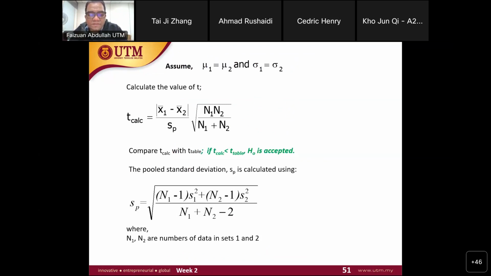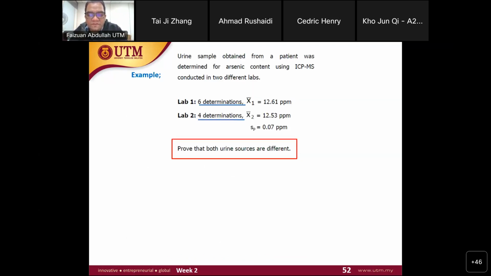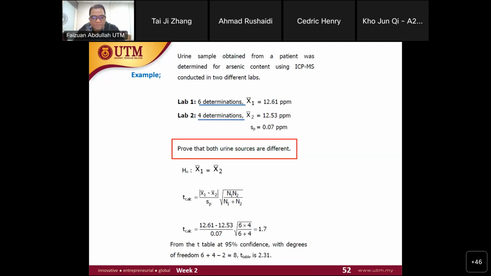So what is SP, guys? Again, the pooled standard deviation. Now we assume the hypothesis is set 1 is equal to set 2, meaning no random error. But we have to prove it, using T calculated, which must be lower than T table. The formula for T calculated is x1 minus x2 divided by the pooled standard deviation, times the square root of n1 times n2 divided by n1 plus n2.